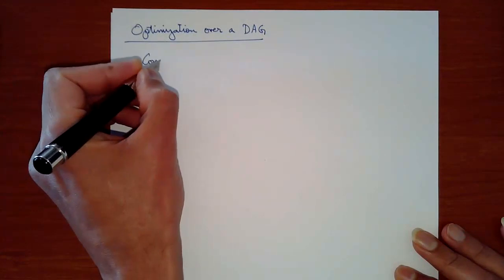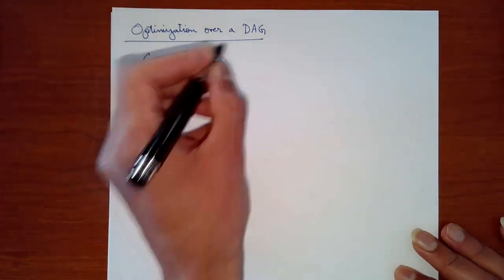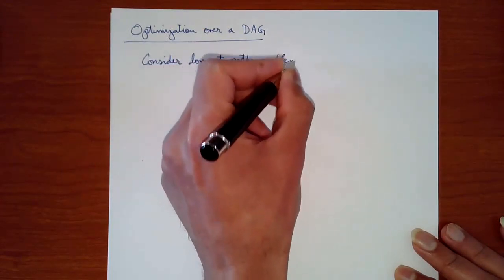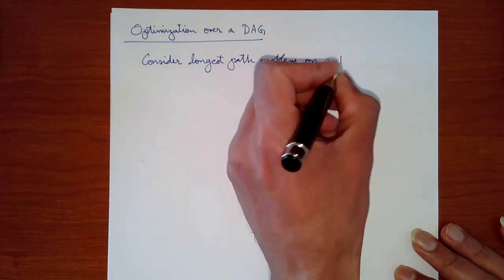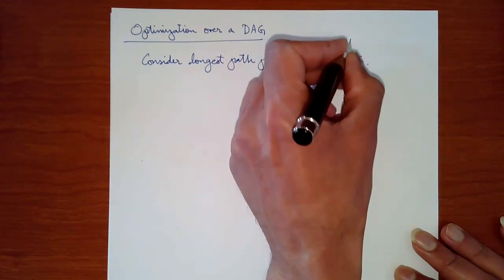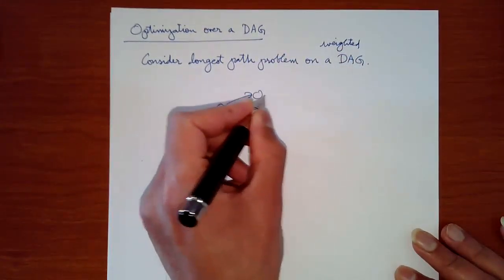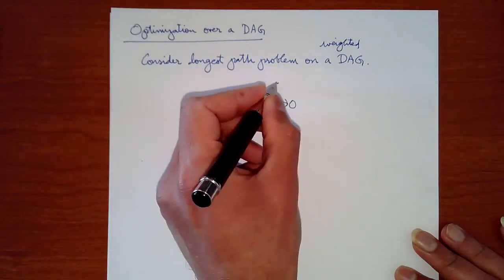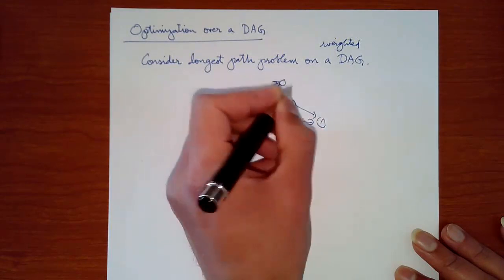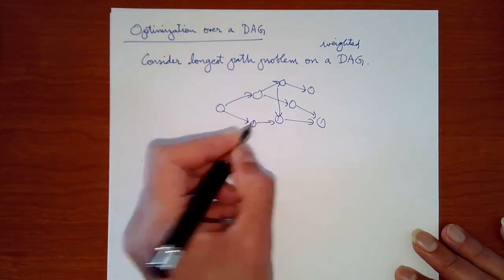So consider the longest path problem on a weighted DAG. Okay, so I have some DAG, and I want to solve the longest path problem. So there are weights on this.